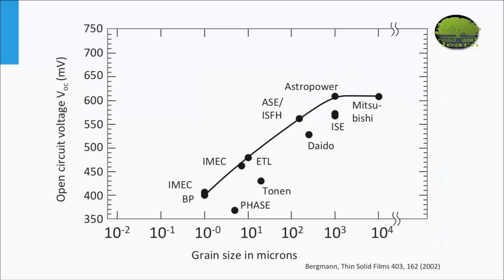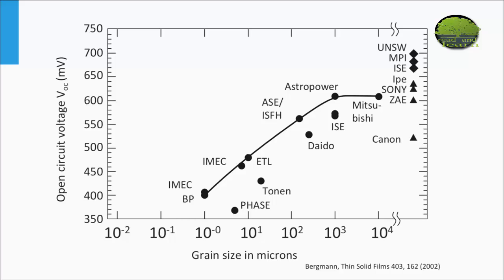In this figure from a paper of Bergmann, we see the relation between the open circuit voltage of various solar cells developed around the world based on multicrystalline wafers. On the horizontal axis, the average grain size of the multicrystalline silicon absorber layer is shown. The larger the grain size, the longer the charge carrier lifetimes, the larger the bandgap utilization, and the larger the open circuit voltage will be.